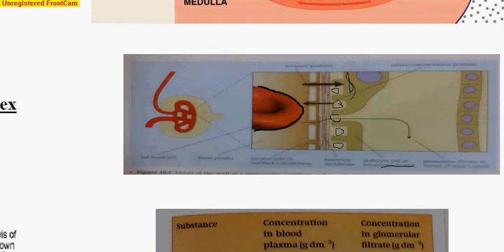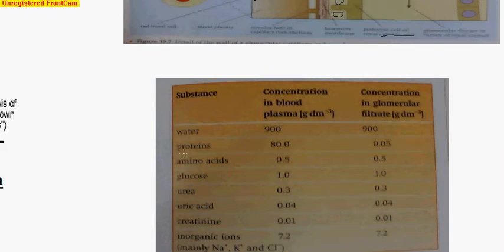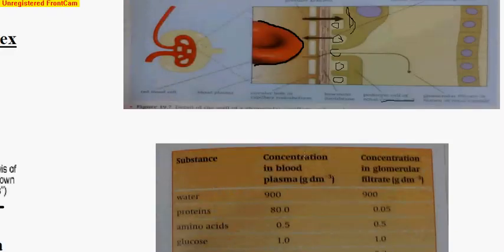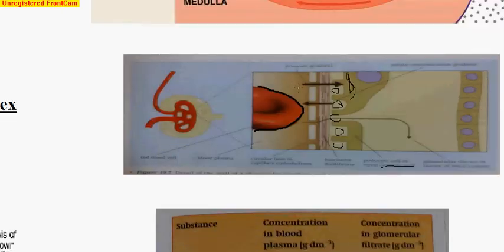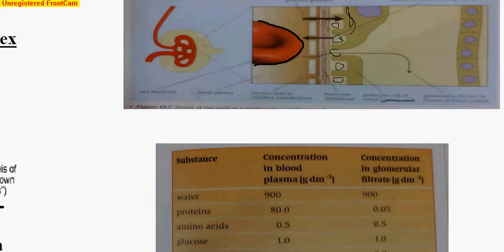Other smaller contents, for example amino acids, glucose and urea, can all move. But proteins can't move either, because protein molecules are comparable in size to the red blood cell. They are very large to move through here, and there is also this other region here which blocks the movement. So it is very hard for these particles to move.